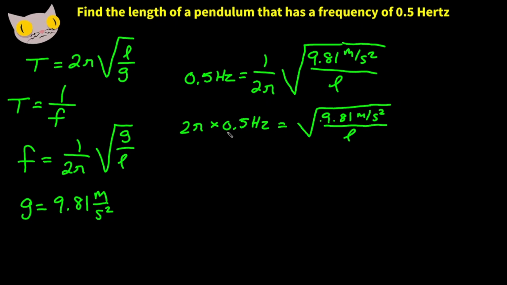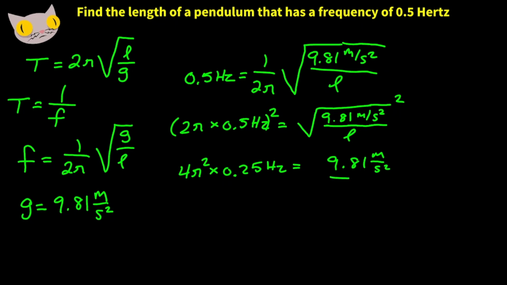So next we're going to square both sides to get rid of the radical. Squared, and that's going to give us 4 pi squared times 0.25 is equal to 9.81 meters per second squared over L. And now we just separate the L. We can just switch these two quantities here.